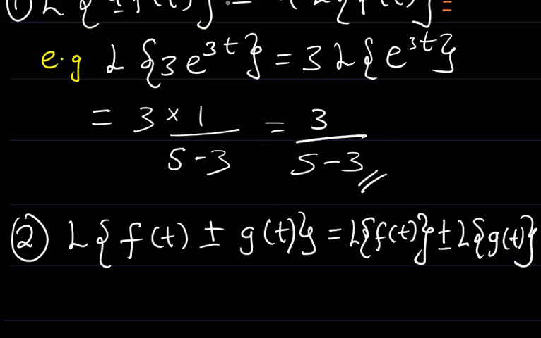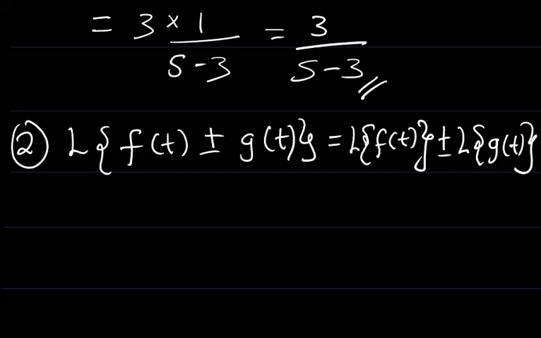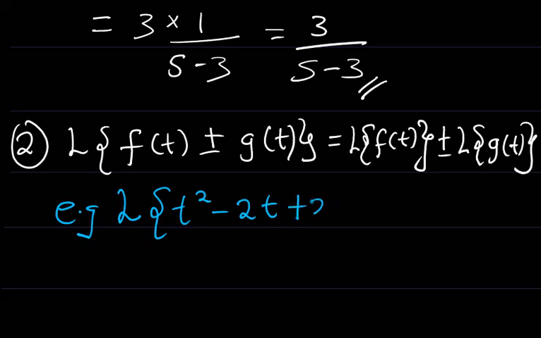With this, it is now possible to evaluate the Laplace transform of a polynomial. For example, let's say you're being given the Laplace transform of t square minus 2t plus 2.